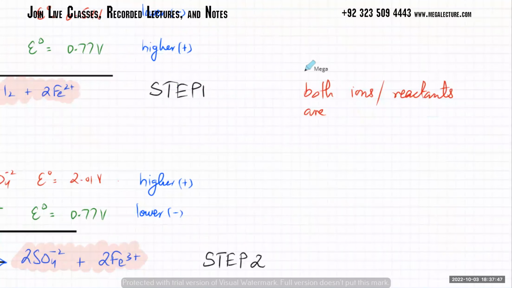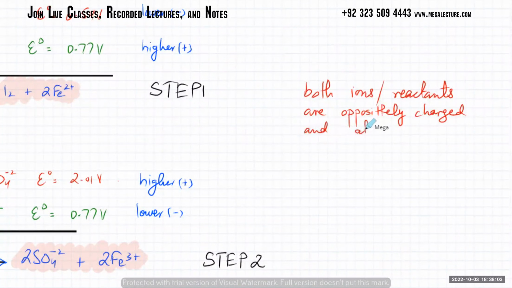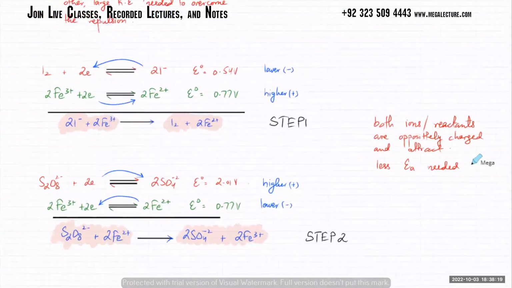Earlier the problem was that they were both negative, but now both ion reactants are oppositely charged and attract. So if the reactants are attracting, there's obviously less activation energy needed. They'll just attract each other and they'll interact with each other all on their own.